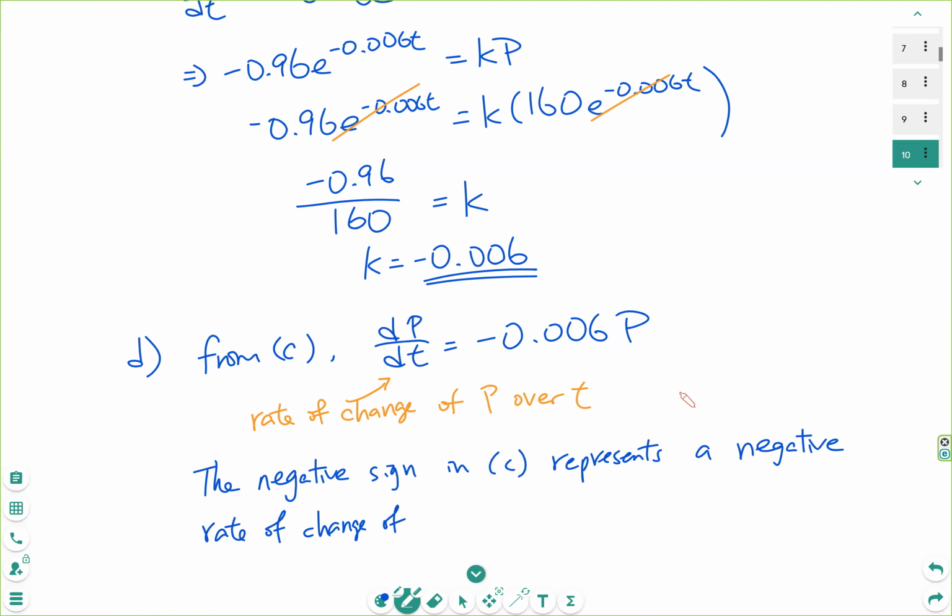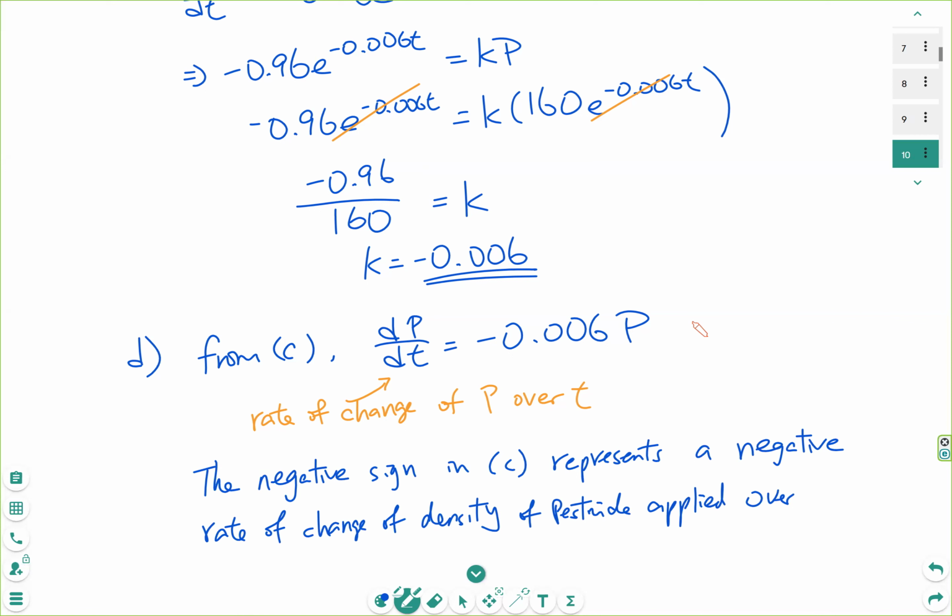of P. P is the density of pesticide applied over time, over every day, over days.